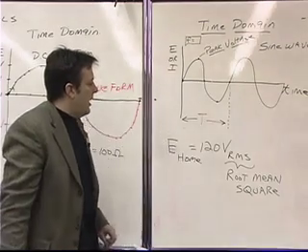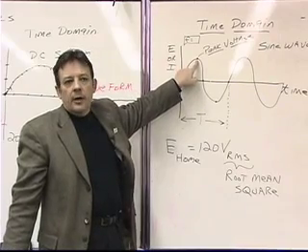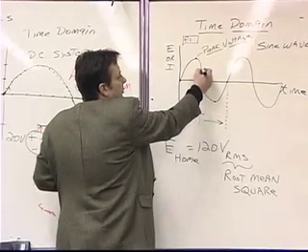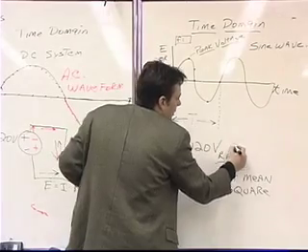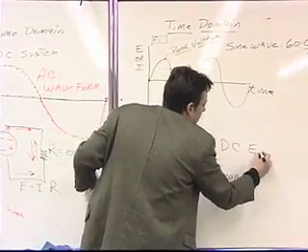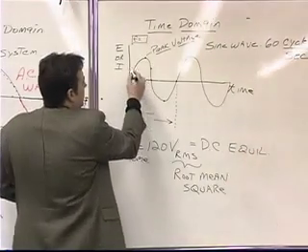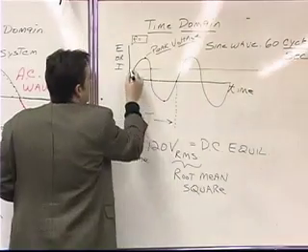Now, it turns out that the peak value is not the RMS value. The RMS value is down here somewhere. The RMS value is also known as the DC equivalent. So it's the value that would be equivalent in a DC system.